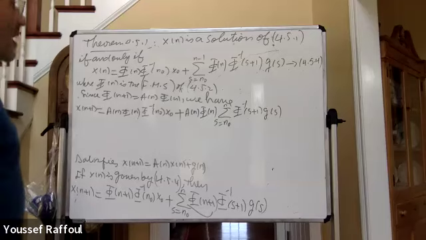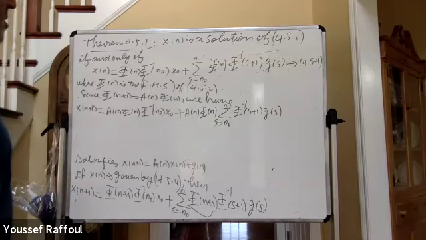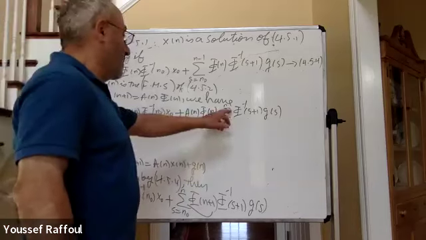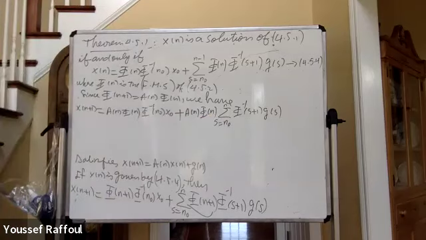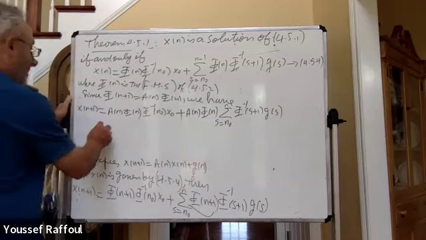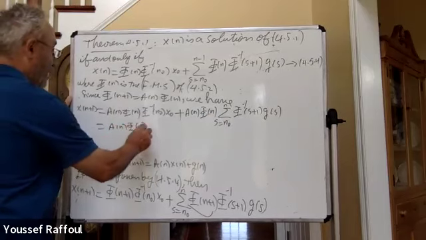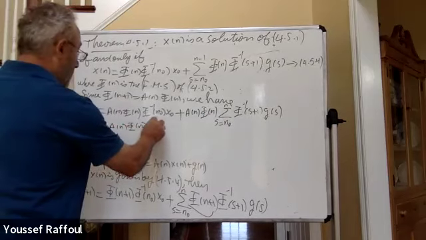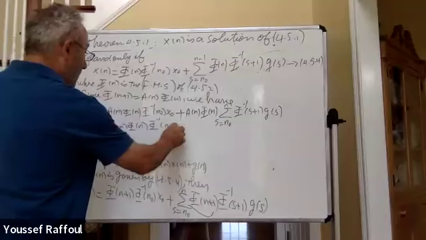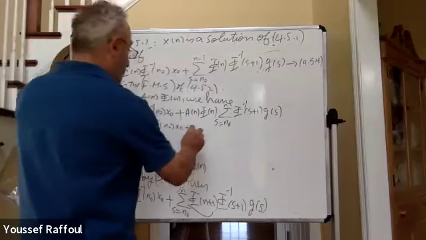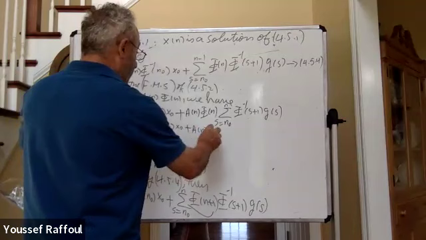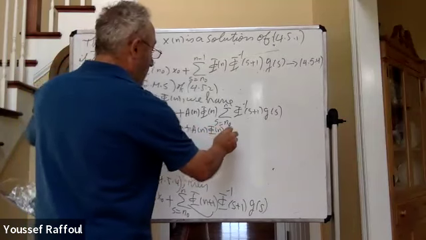All right, so we need to evaluate this one at n. If I evaluate s at n, so this is a n phi n phi inverse of n naught x naught plus a n phi n.